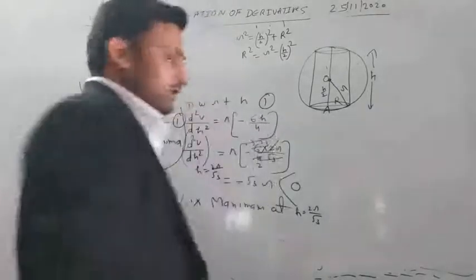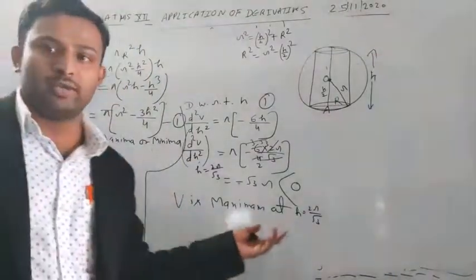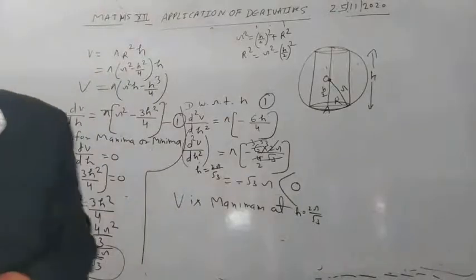Now we have found that our V value is maximum at this point. Now we have to find what the maximum value is.